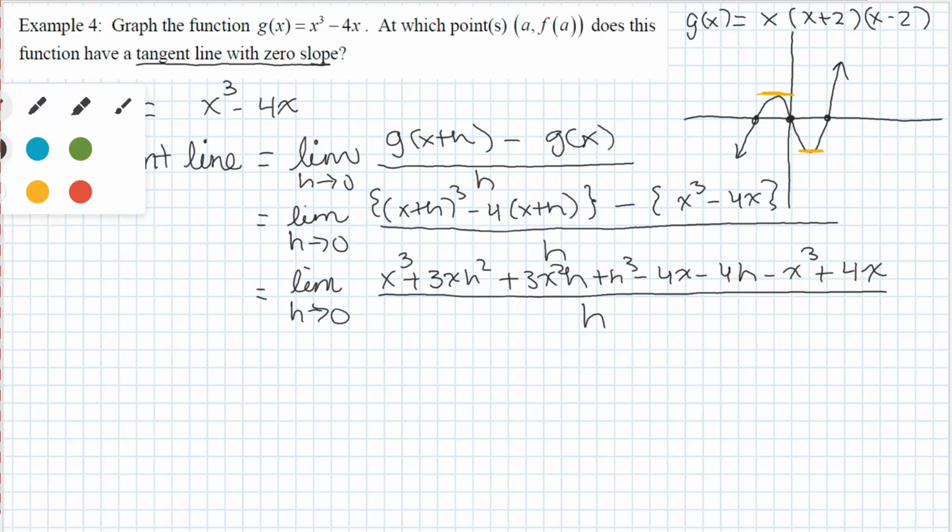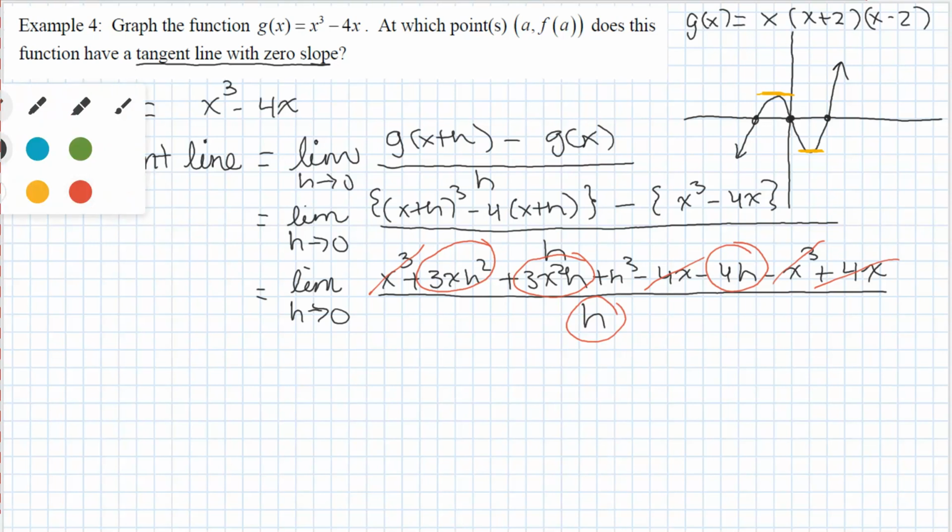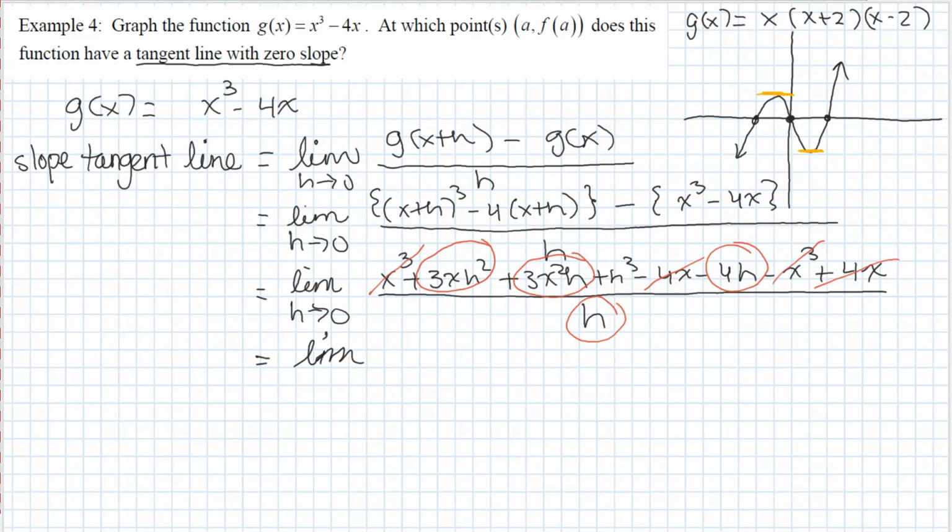All right, now you have seen this so many times already in your lessons, right? A bunch of things is going to cancel out. So x to the third minus x to the third, minus 4x plus 4x is going to be gone. And as you notice, everything that is left over has an h to it. So we are going to divide everything by h. So we have limit as h goes to 0 of, well, I don't need a fraction anymore.